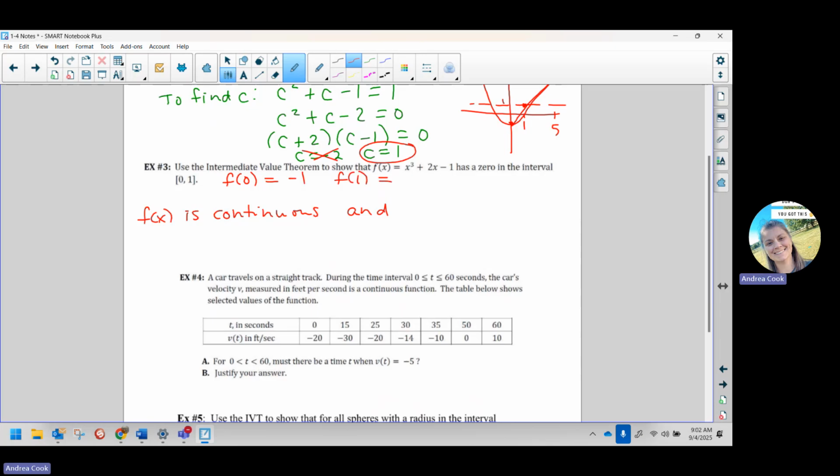I can do f of 0. What's f of 1? 2. And what am I trying to find? A 0. So is 0 between that? No. It is.